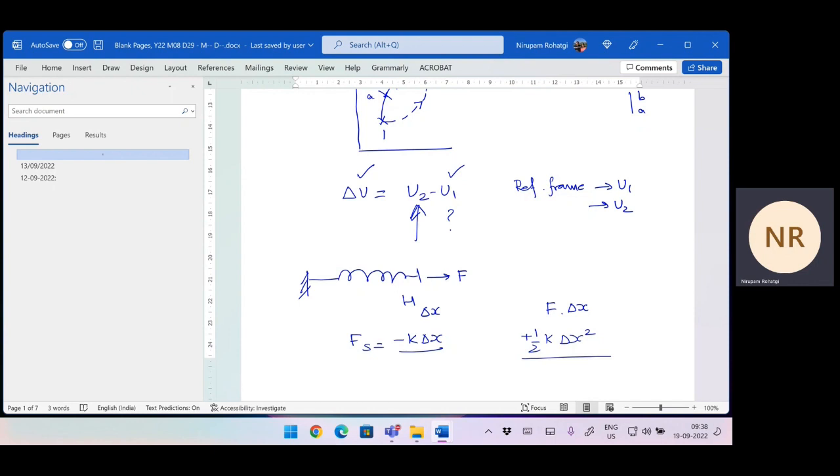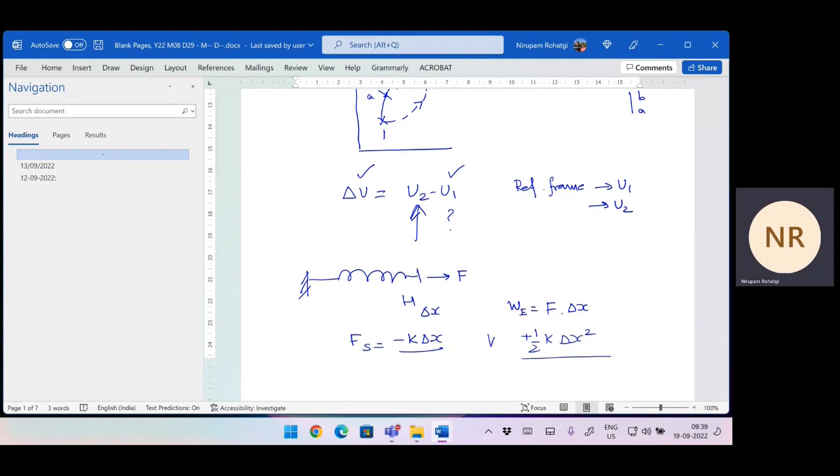So you should be careful about it: how much the external force is doing the work, and how much the spring is doing the work. If I apply force F on any spring, the work done by the external force is F delta x.